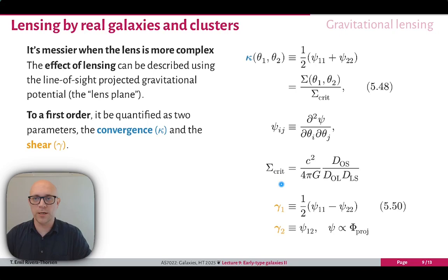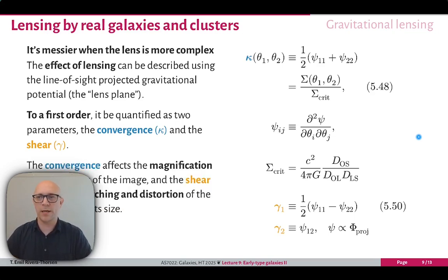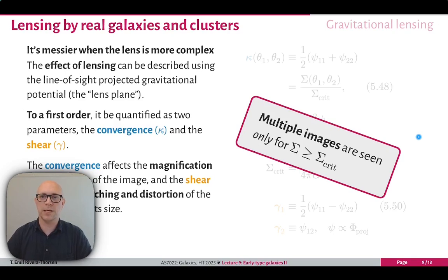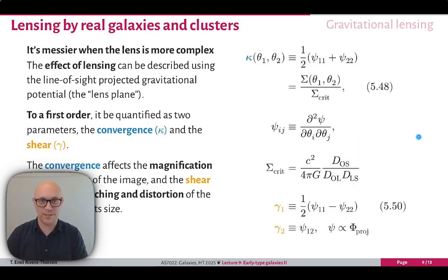And then we have this thing here called the critical density, which is given by this thing here. We don't need to think too much about that. The important part is that the critical density is such that if we have a density that is above, and again, this is a density of the lens, right?